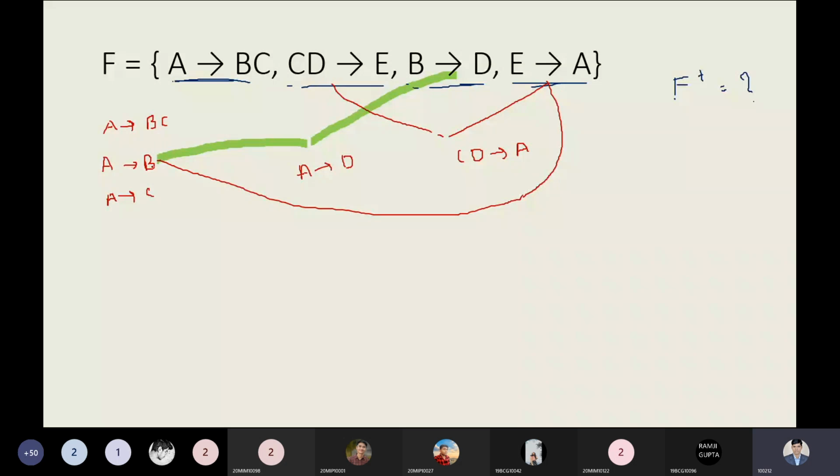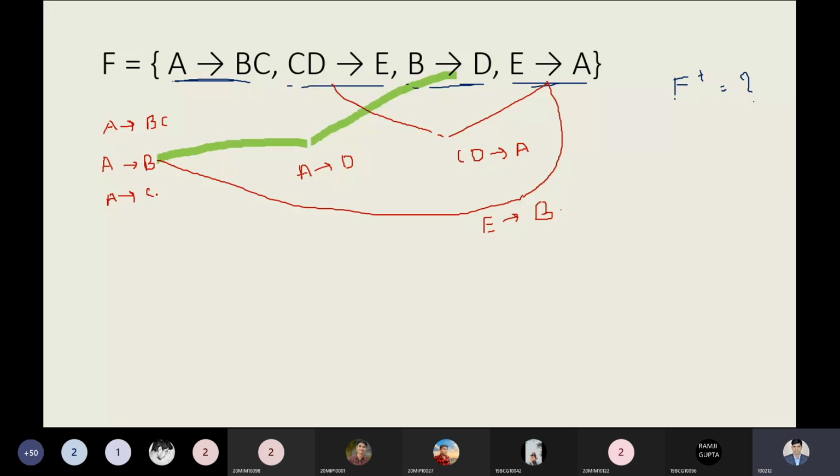By applying the transitivity rule, you can see the possibility we can have over here. E determinant to A is possible, and A determinant to B, so E determinant to B can be possible. Just tell me, is it possible? Say yes or no. Yes, sir.